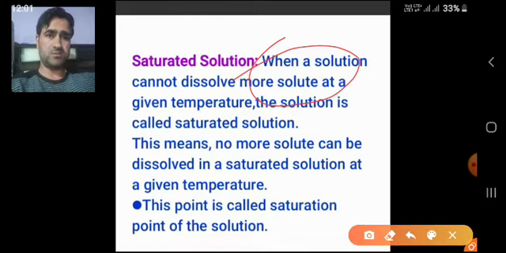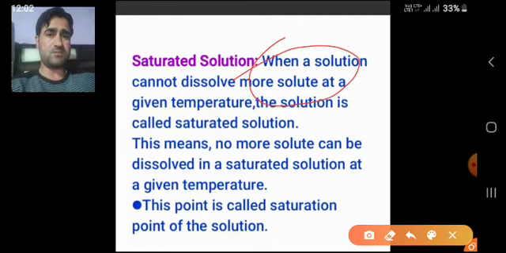So if we go on dissolving sugar in a beaker of water containing 100 ml water, if we dissolve all the 204 grams, we won't be able to dissolve more solute or more sugar in the water. So this point where no more solute can be dissolved in a solution at a given temperature is known as saturation point, and such a solution is called saturated solution.